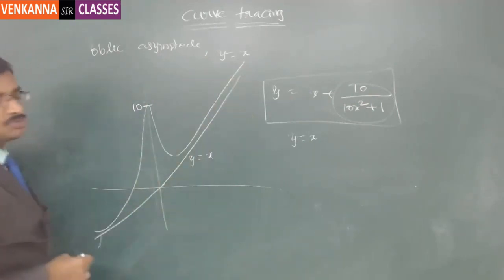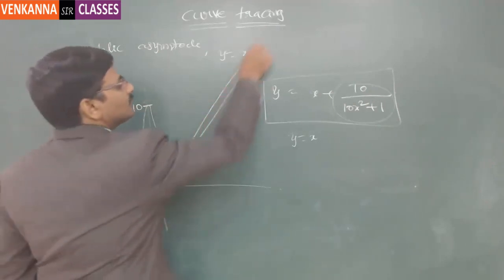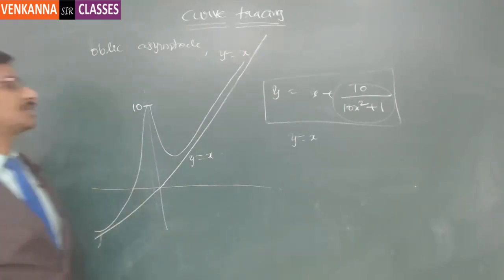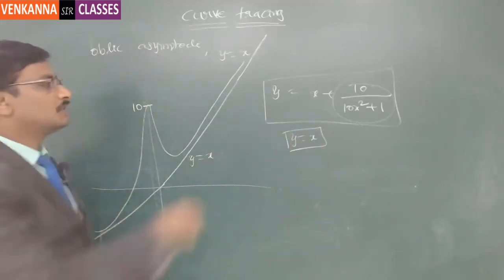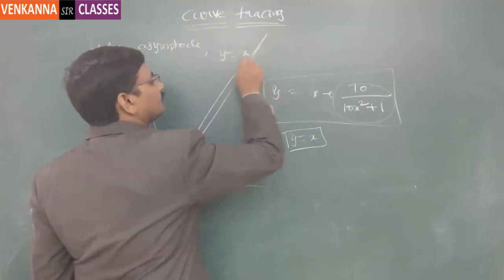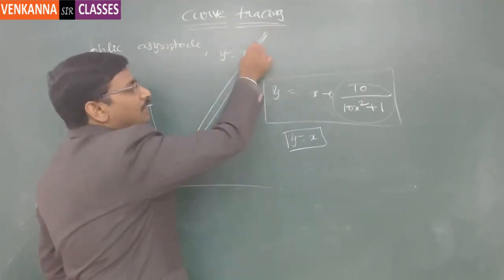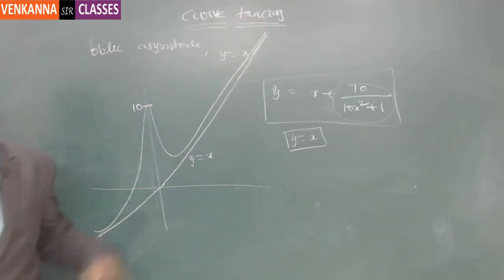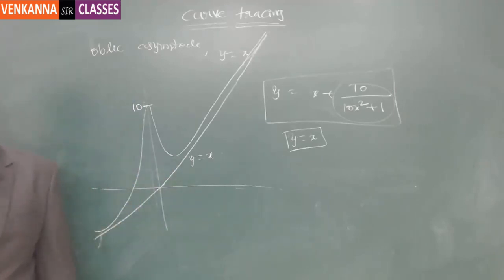It will not cross this asymptote at all. And this is the line which is called the oblique asymptote for us. Exactly, right? As x tends to infinite, y will become x. So these two will meet at infinite. As x keeps increasing to infinite, these two are going to join together at infinite. So that's why this is nothing but the equation of the asymptote. Got it?